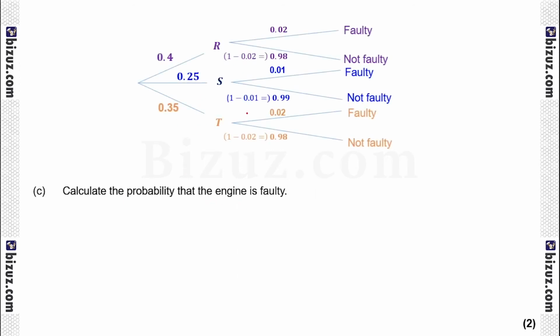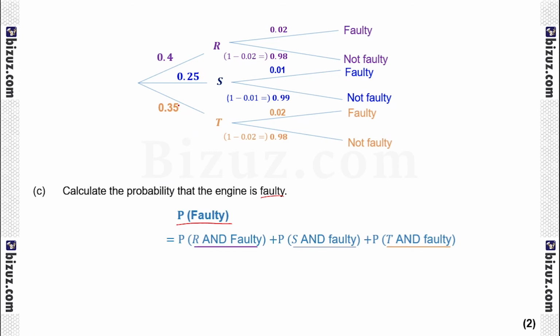Okay. Now, next part, calculate the probability that the engine is faulty. Again, same approach here. I'll bring this for reference. We have a few more cases actually. What they're asking us is just the probability of the engine being faulty. Now, there are actually a few ways to get to the faulty engines here.